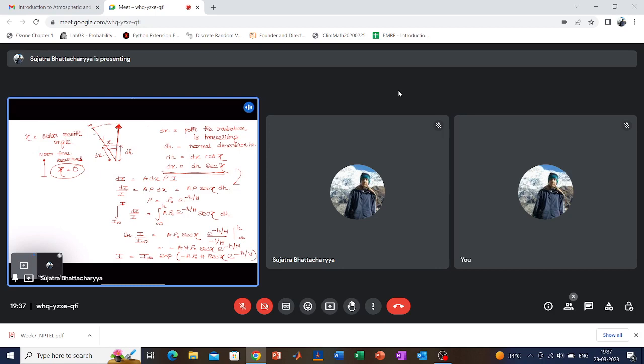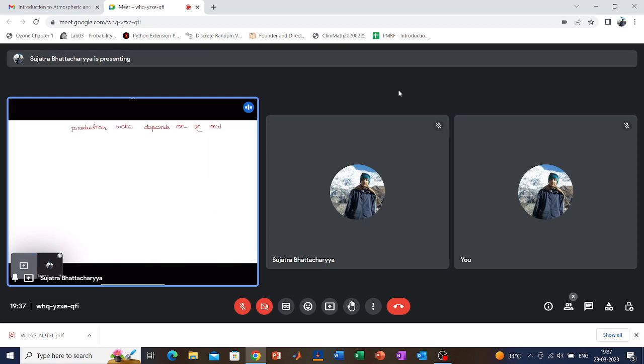But if it is overhead, it travels through a smaller region. Therefore, it depends on the solar zenith angle as well. Chi I have already shown. That is the number of electrons or ions, which we have already taken using rho equal to rho naught e to the power minus z by H, or h by H, whatever. And this is nothing but eta per unit volume. So these two are the things based on which it is written.